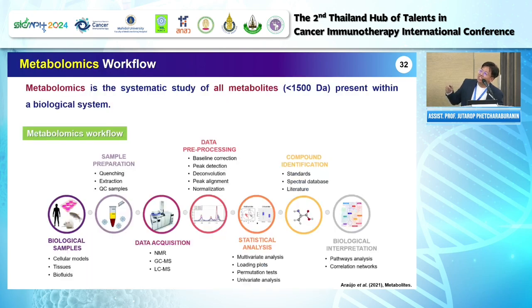And last but not least is the biological interpretation. Because metabolome data is not straightforward. It's not like if we know the gene, we know what this gene is expressed into, for example which kind of mRNA. But one metabolite can be involved in more than one pathway.